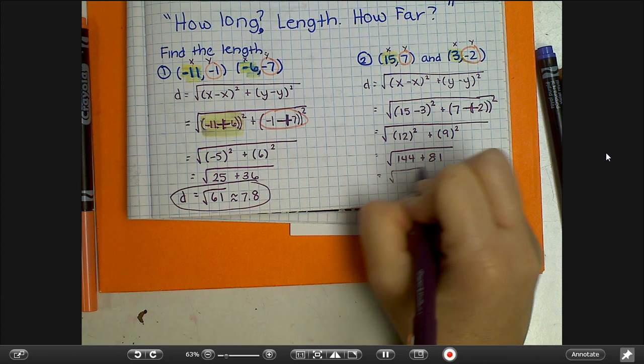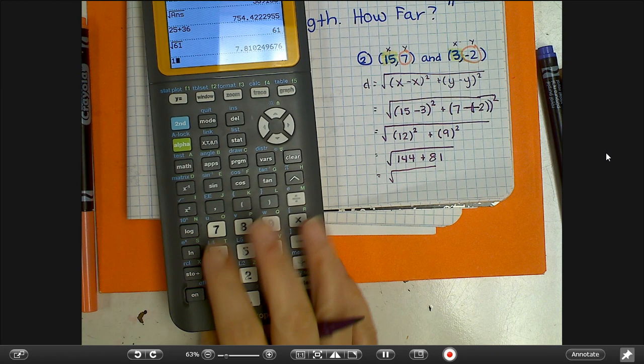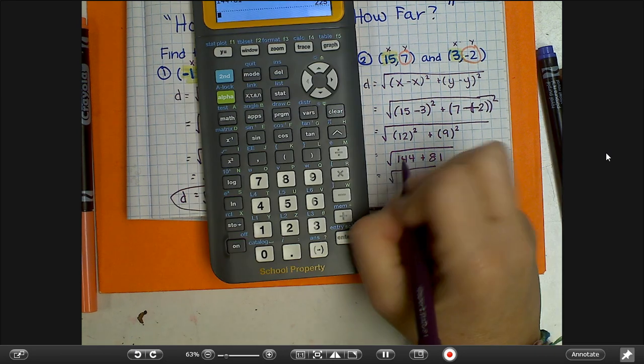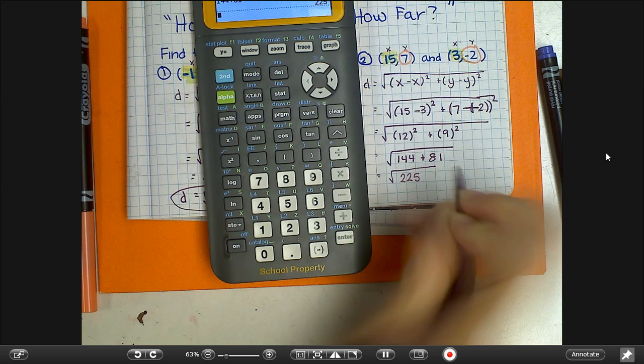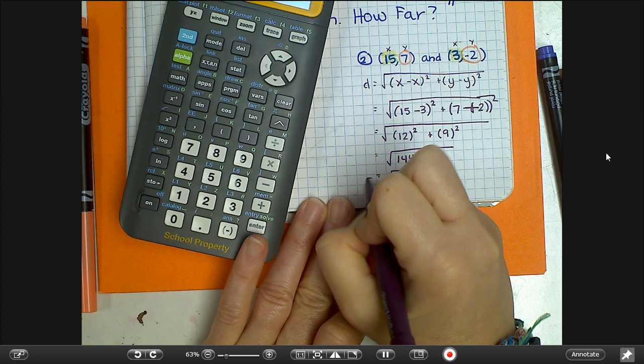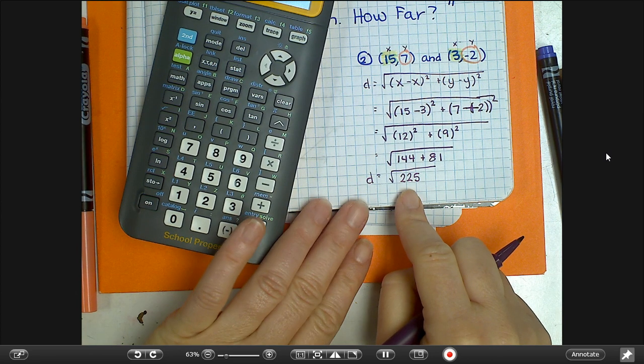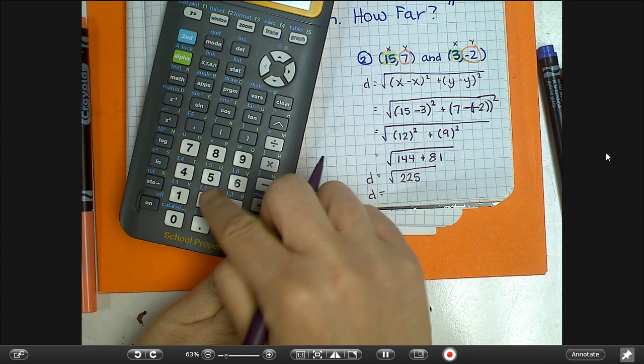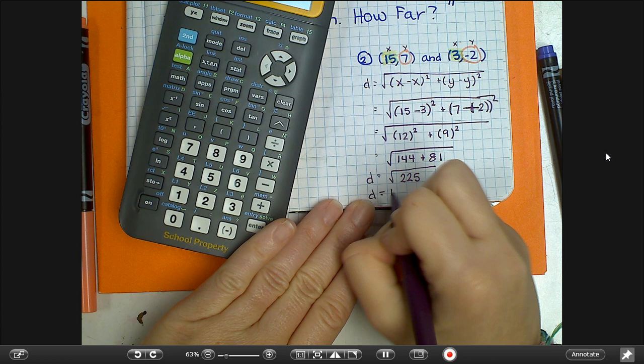Add 144 plus 81, which is 225. So the distance is the same as the square root of 225, and the square root of 225 is 15.